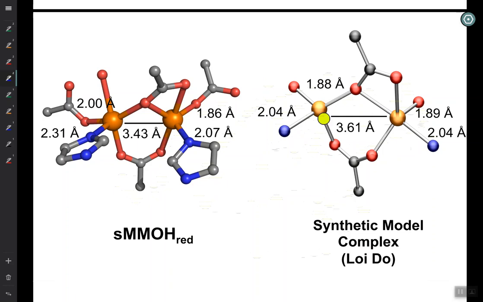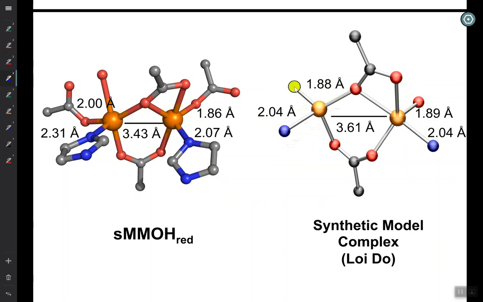I did my chemistry actually in absence of water, so that's why we don't have an additional water ligand, but I think if you added a small equivalent of water, you'd probably get binding with the oxygen at this position here. And I want to point out that this is only a structural mimic, meaning that I haven't been able to reproduce the chemistry. But there are some critical differences, right?